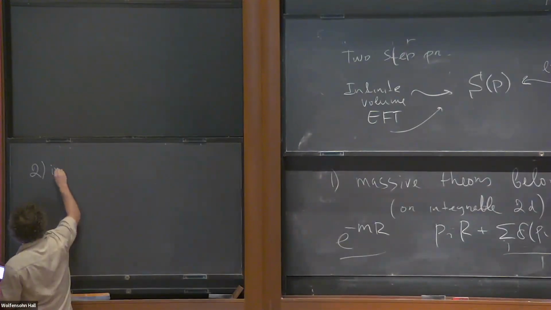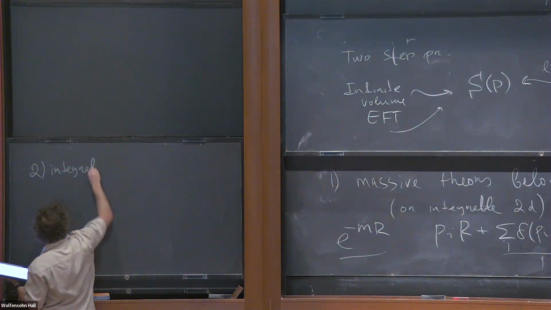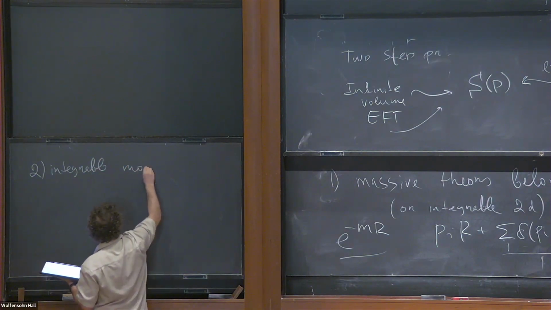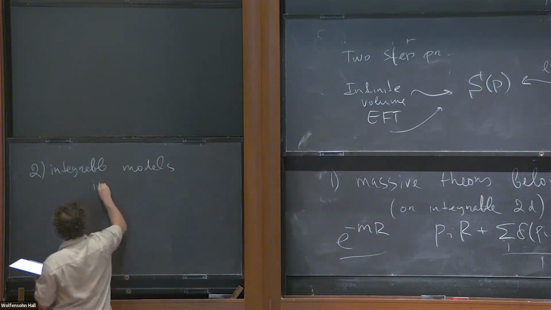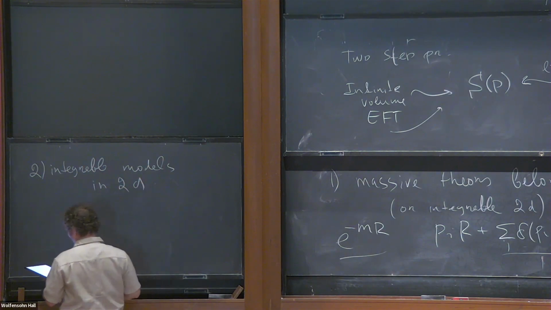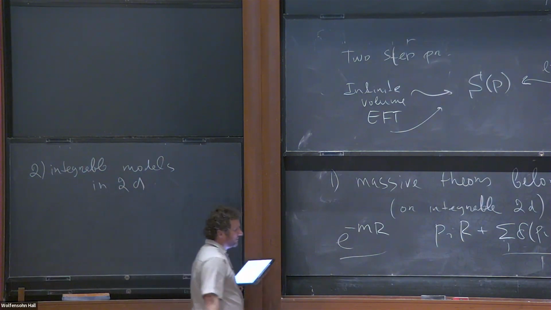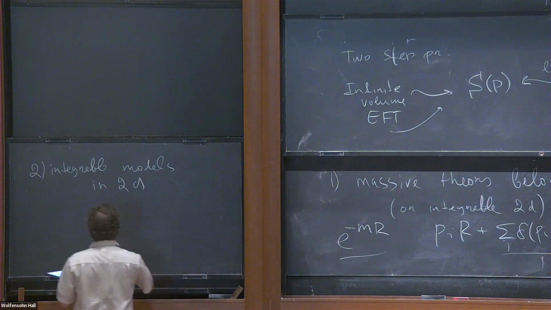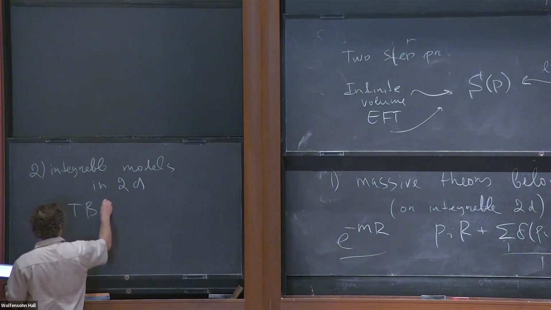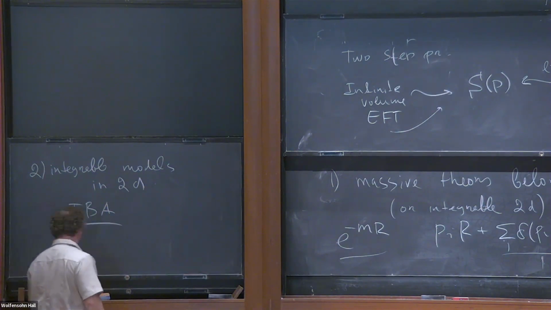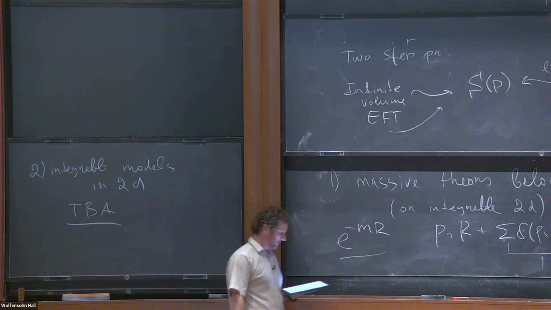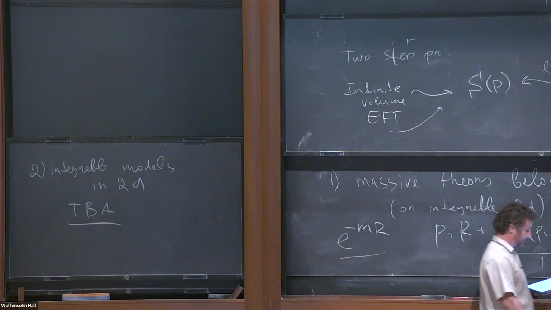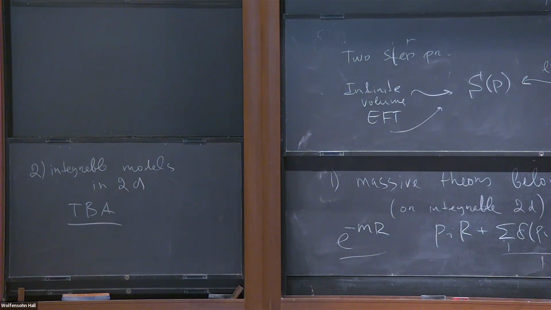So in integrable models in 2D, there is a generalization of these equations, which is known under the name of thermodynamic Bethe ansatz, and that allows one to calculate the finite volume spectrum, also including the winding corrections.